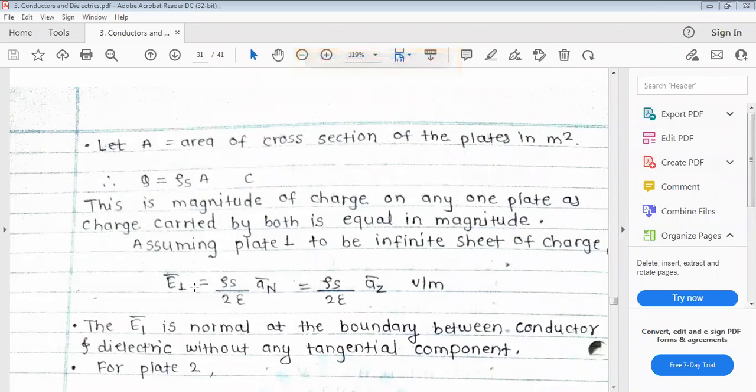And it is equal to rho S upon 2 epsilon 0 into, now which is the perpendicular unit vector here to the parallel plates? Z, right? So the unit vector is A bar z.